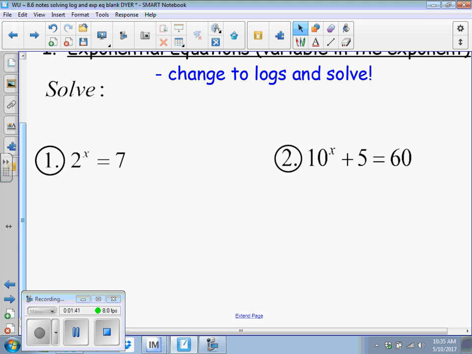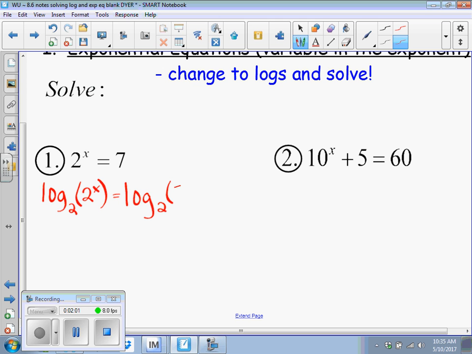Remember, if you have an exponential and you have a log, the base is the same, right? So we're going to change this to log base 2 of 2 to the x equals log base 2 of 7, because what I have to do to one side, I have to do to the other.